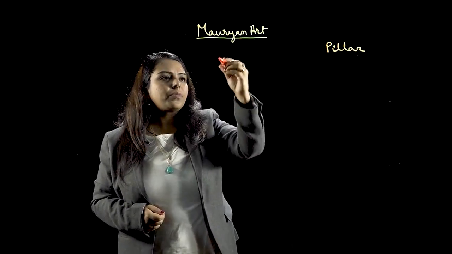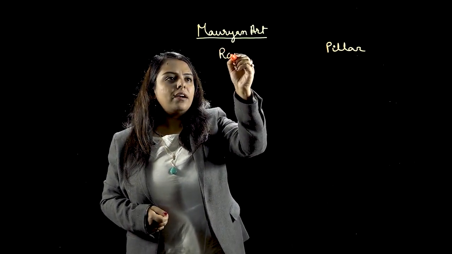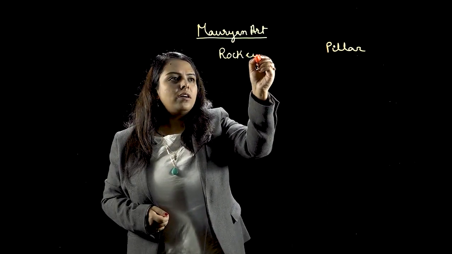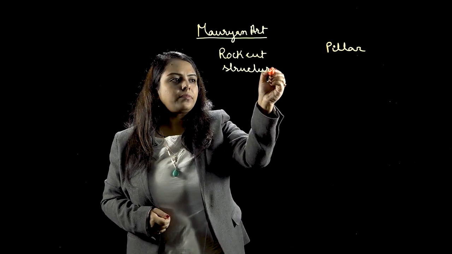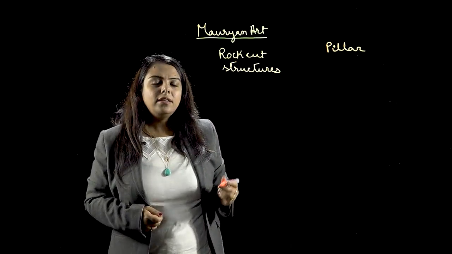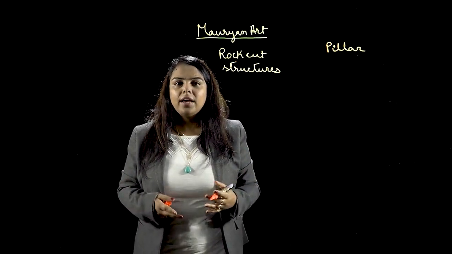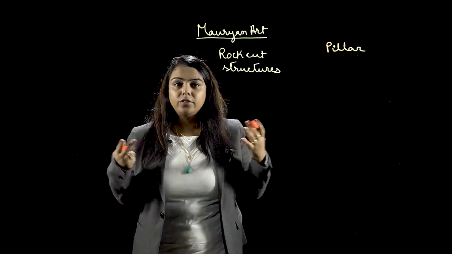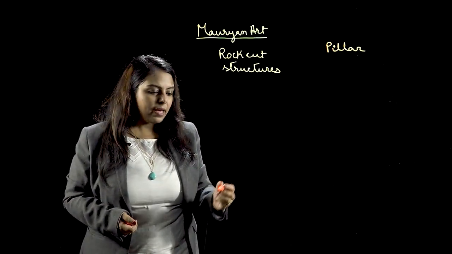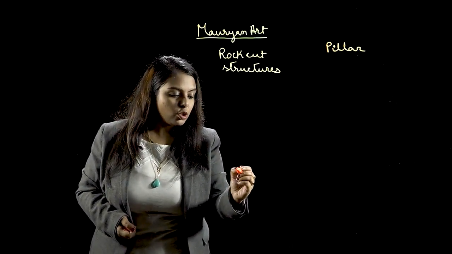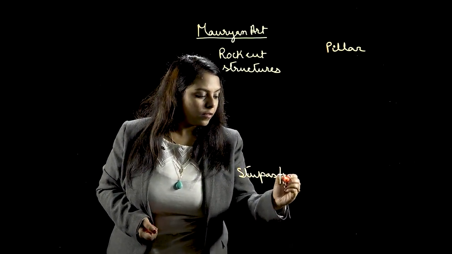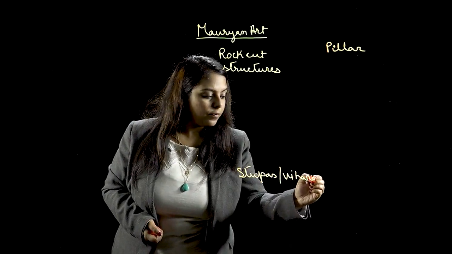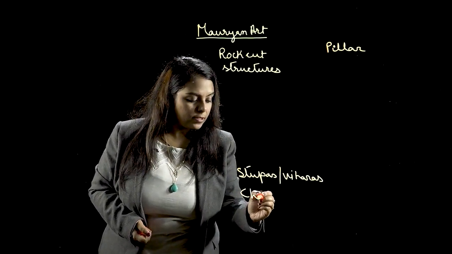Then the second was of course the rock cut architecture, rock cut structures, and the last that we see in the list of art that developed in India during that time can be tagged as stupas, viharas and chaityas.